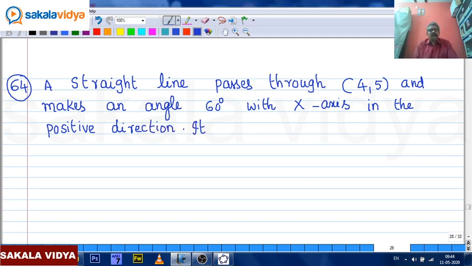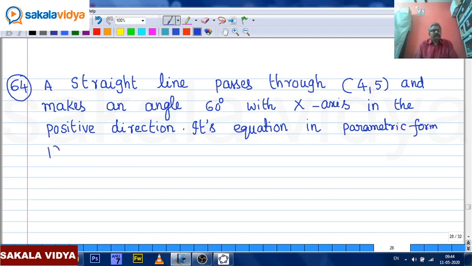Its equation in parametric form. That means symmetric form.